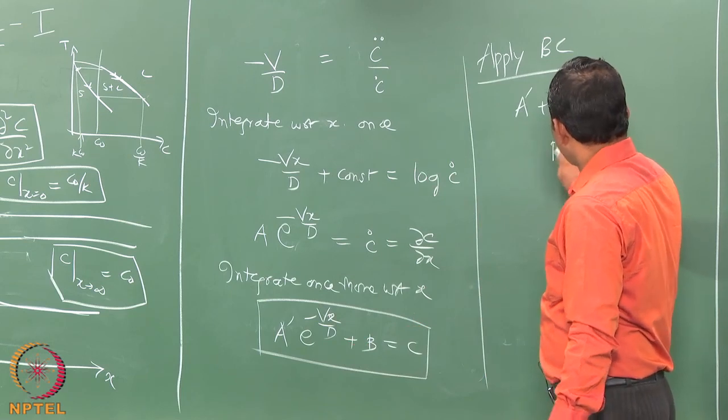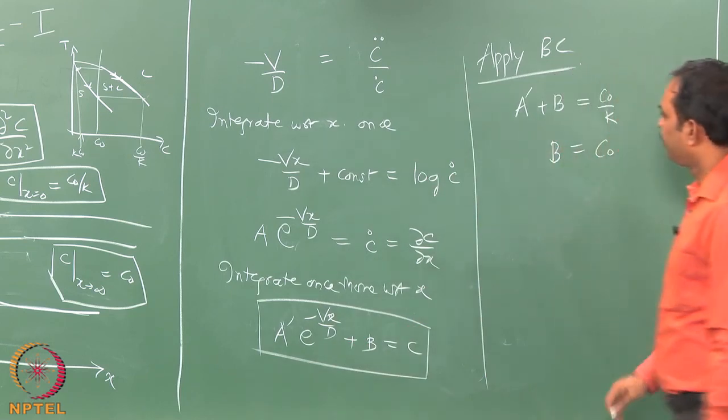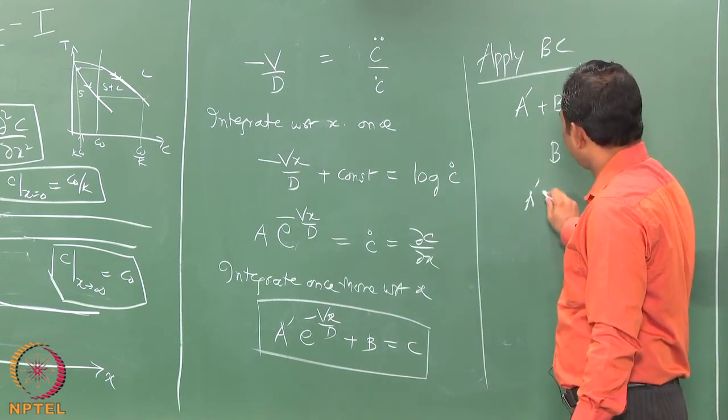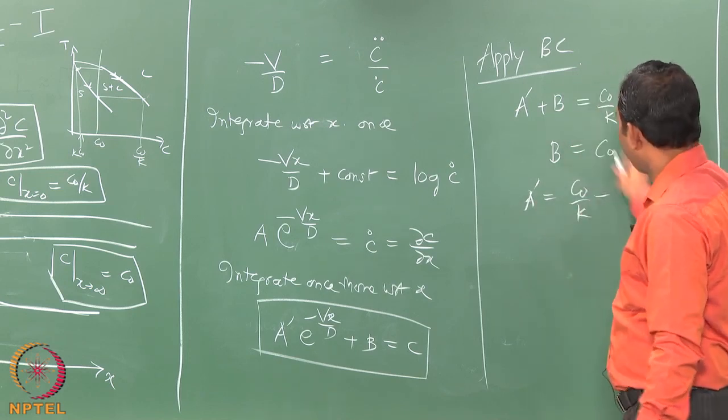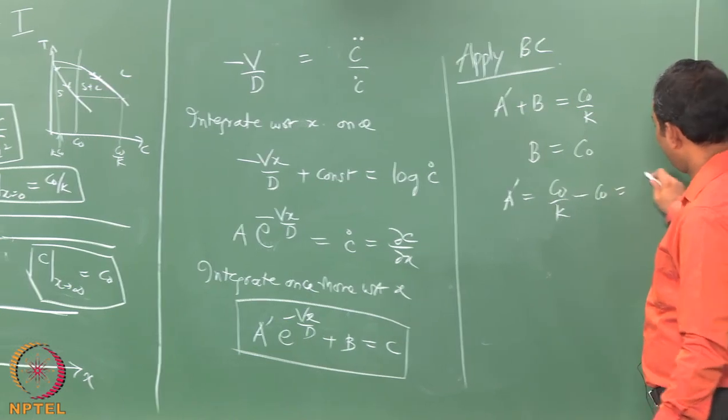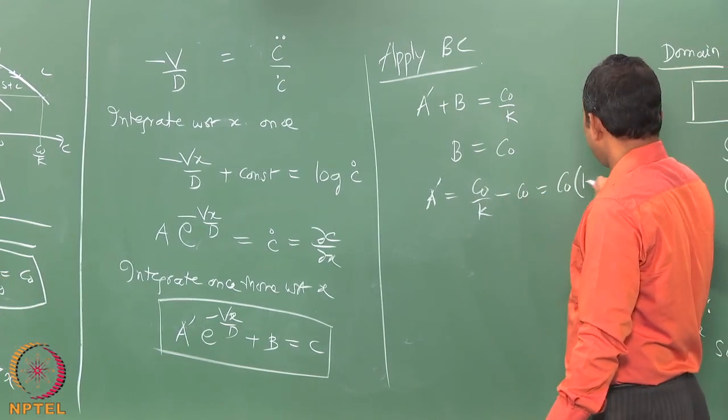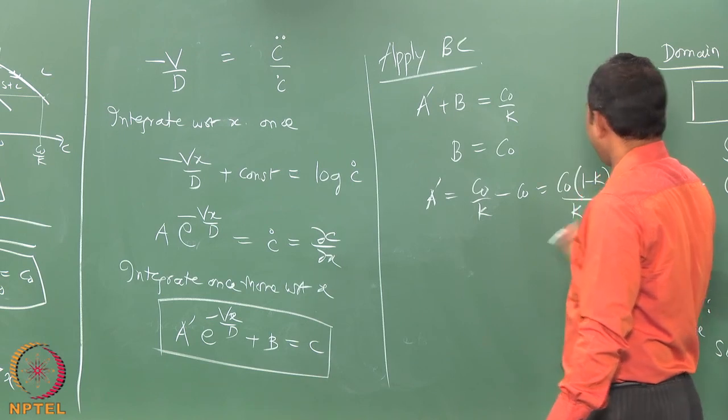So, it means that b is equal to c naught, and that means that a prime is equal to c naught by k minus b, minus c naught. Take c naught into common, 1 minus k by k.